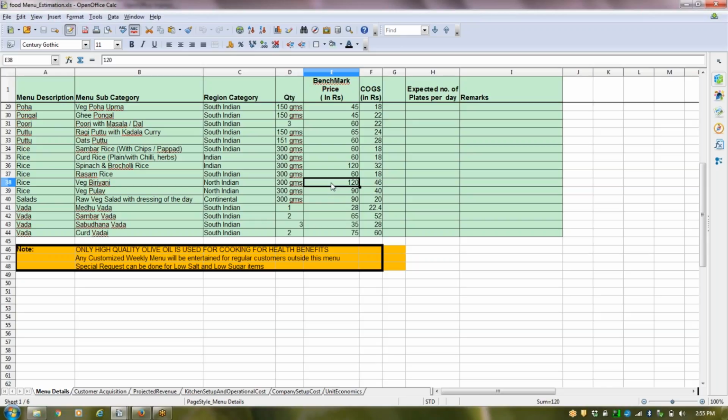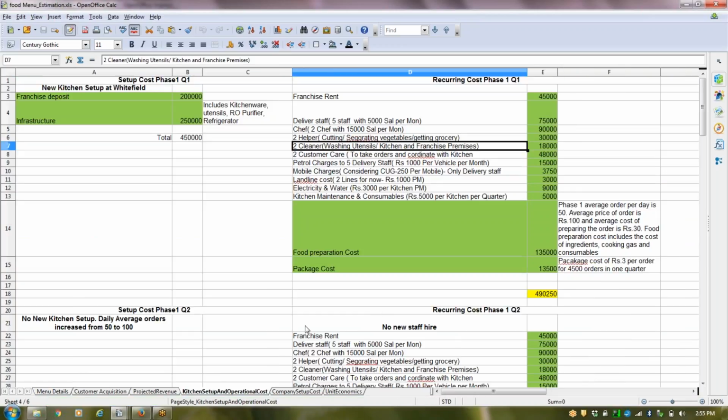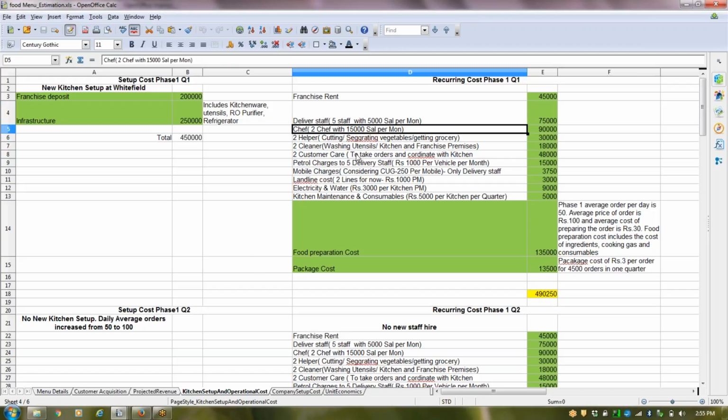Now, since we have the COGS, we have to go to the other details of the cost. That is, apart from the COGS, what all other costs are involved in setting up and running the kitchen. So they have come up with all this: franchisee run, delivery, chef, all these things they have put.